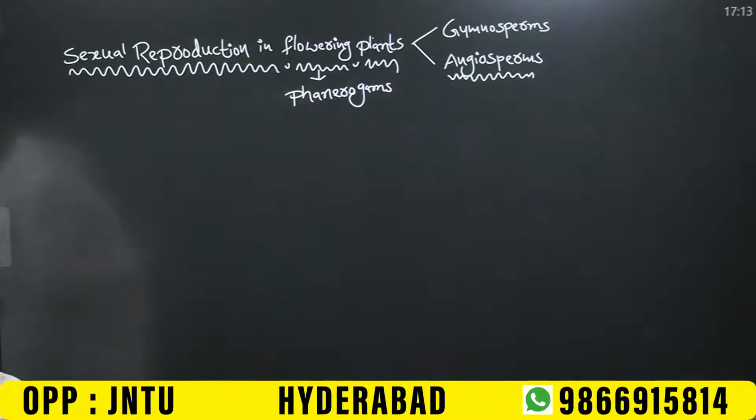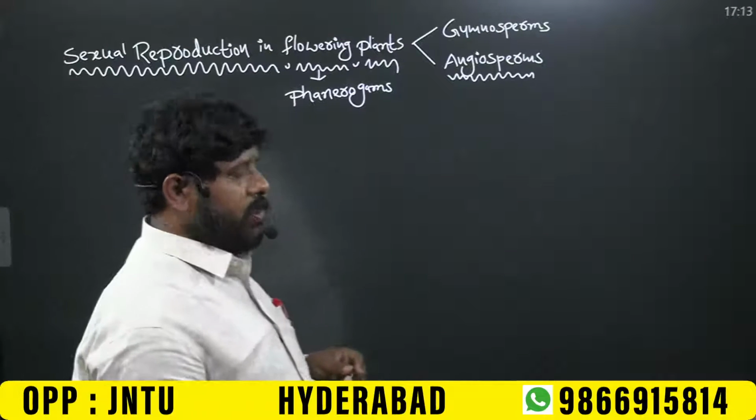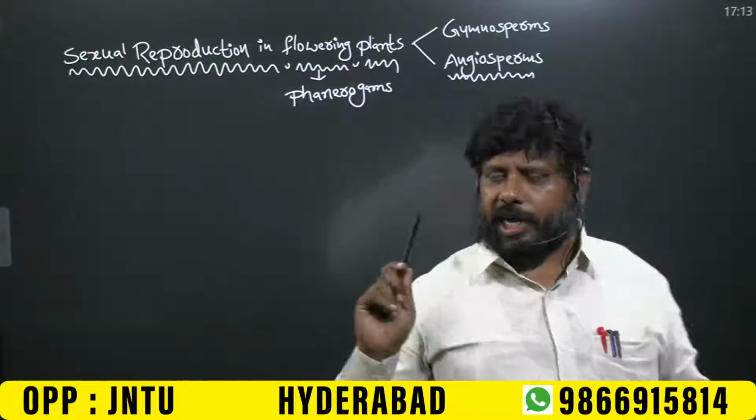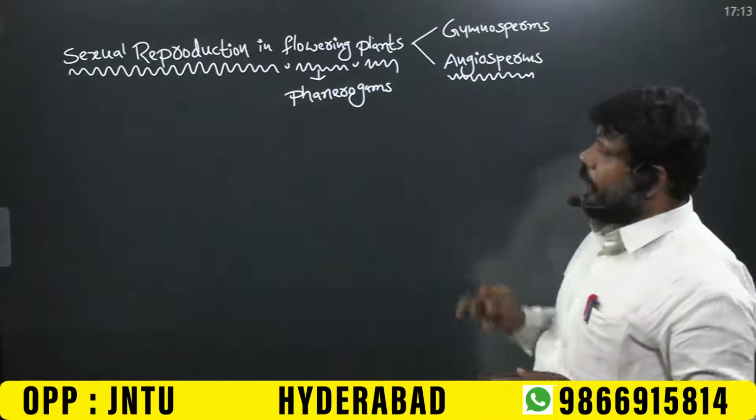Flowering plants are of 2 types, gymnosperms and angiosperms, but in this lesson we are explaining with angiosperms only.